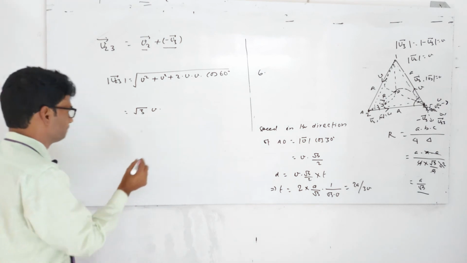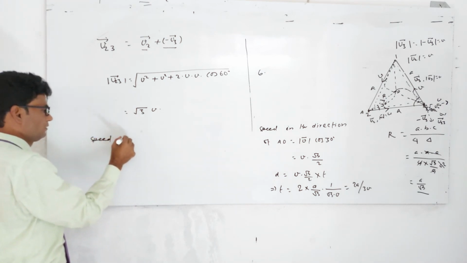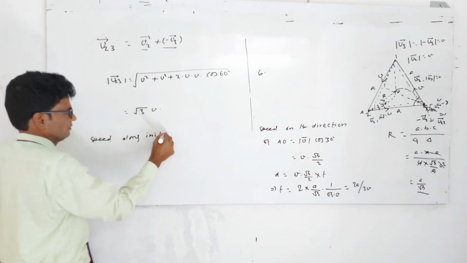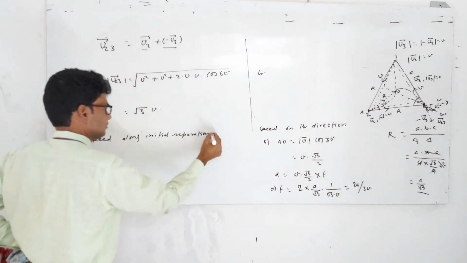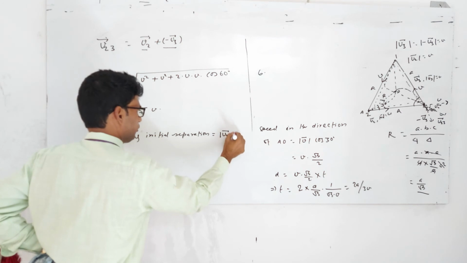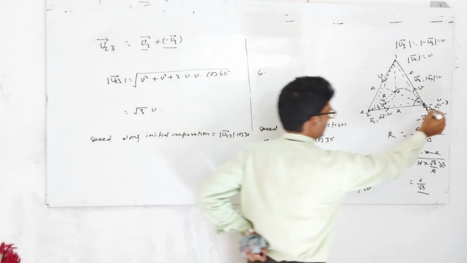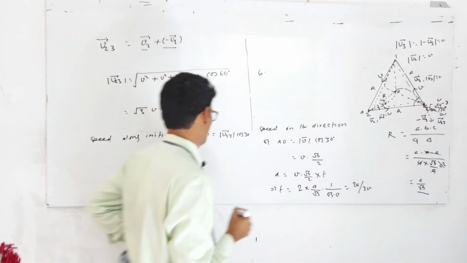So the speed along the initial separation is mod V23 cos 30 degrees. Look, this angle is 30 degrees.